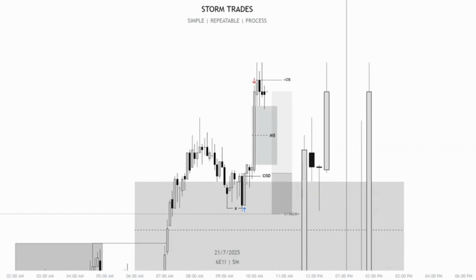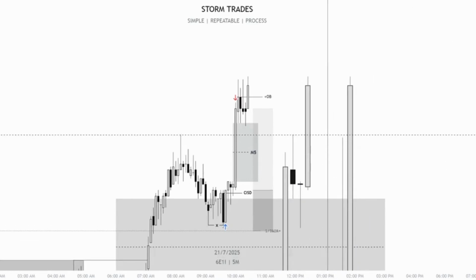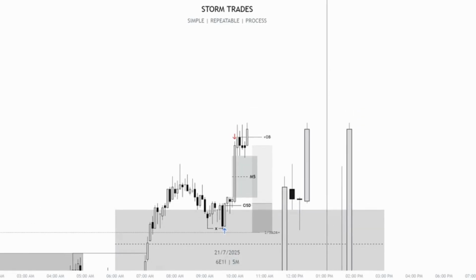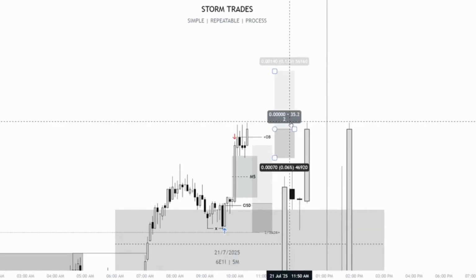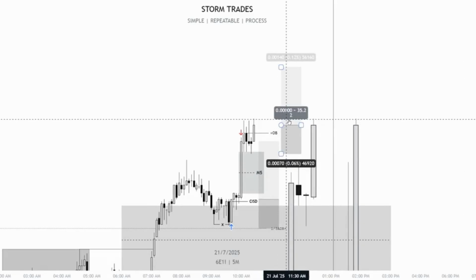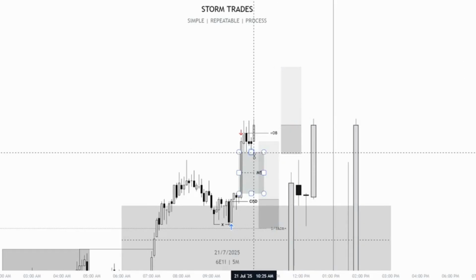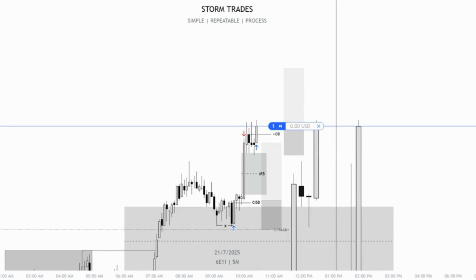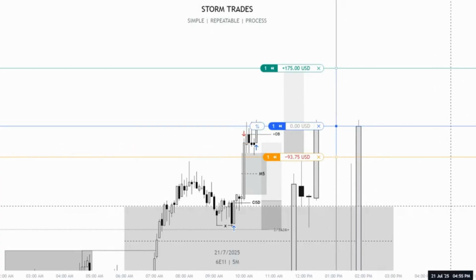Now, on the very next candle, we get a strong close through. So let's go ahead and put a trade on here with the swing low as the stop. We're going to buy a contract here, stop below the swing low, take profit at 2R again.